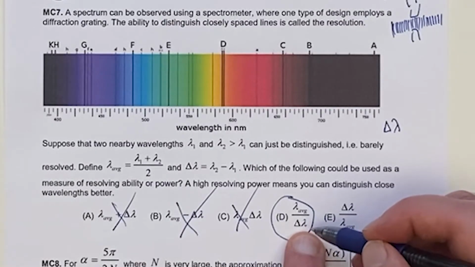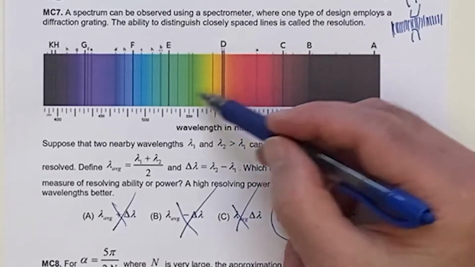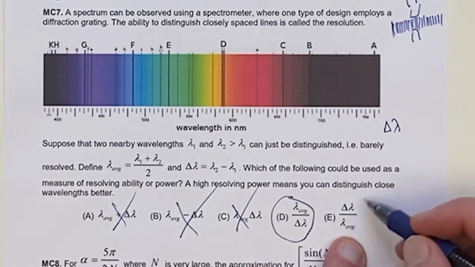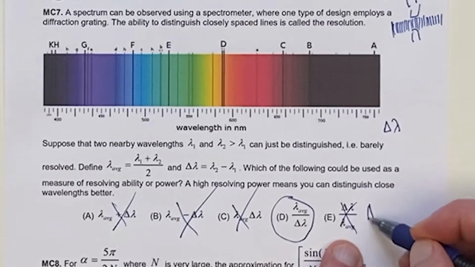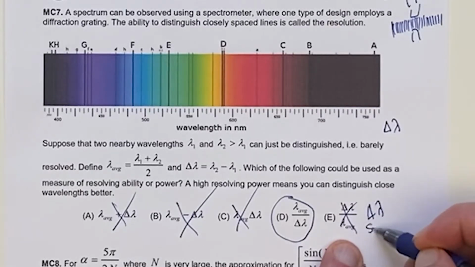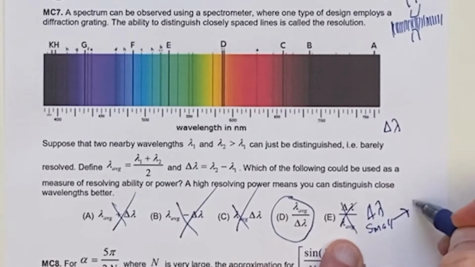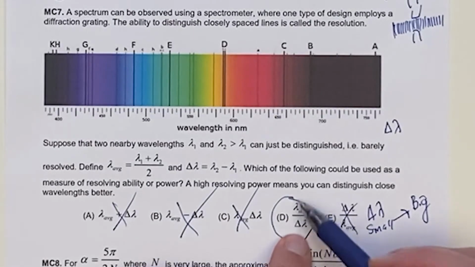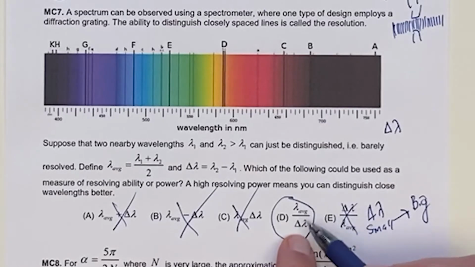So that means your resolution is good if you can resolve lines that are very close to each other. So this is it. You have to have the one where when delta lambda is small, you get a large rating. So this is the one, and this is good for 2 extra reasons. This is what they use because it's dimensionless. That's nice, and also it compares it with the wavelength.